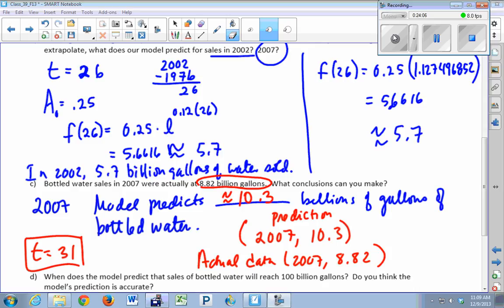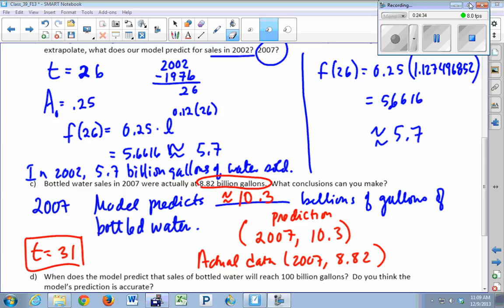So as you can see, our model is now overestimating the actual number of gallons of water that were sold. And that's because in 2007, we saw our first decline. Between 2007 and 2008, the bottled water industry saw its first decline in the number of gallons of water sold, and it's been declining ever since.